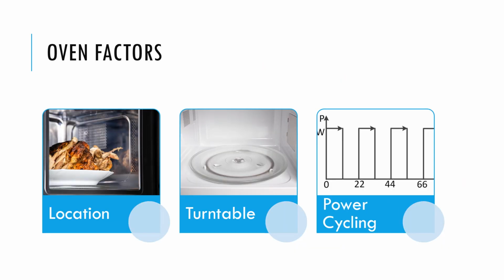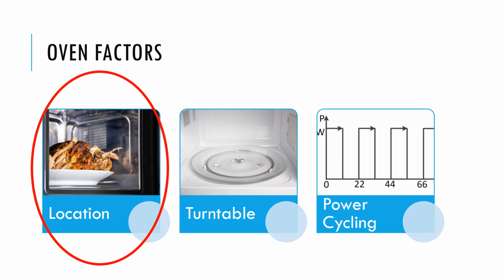We will talk about 3 oven factors. First one, we'll talk about the location in the oven. How do heating rates vary as we place the food in different locations in the oven? The other 2 are how the turntable can make a difference in the heating rates, and how power cycling affects the heating rate.